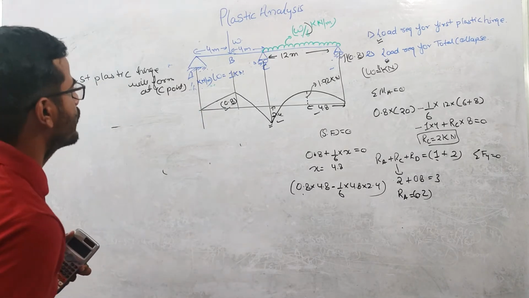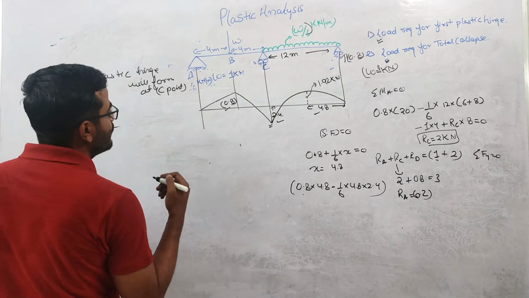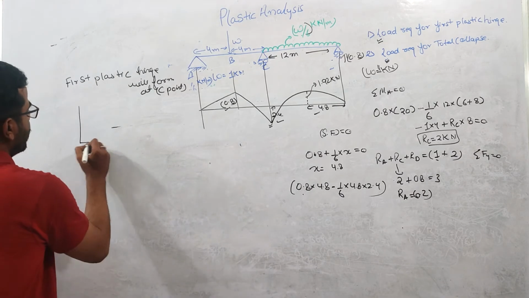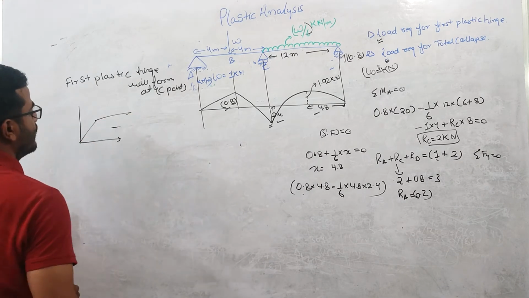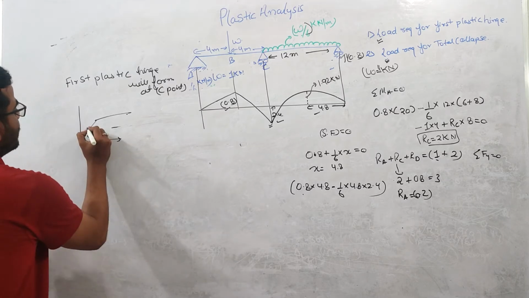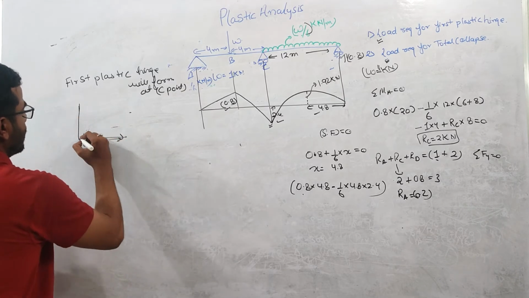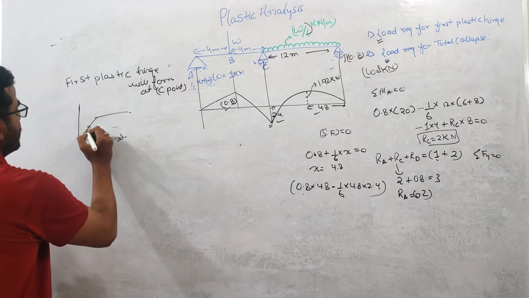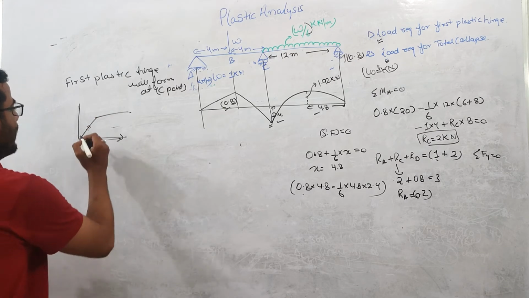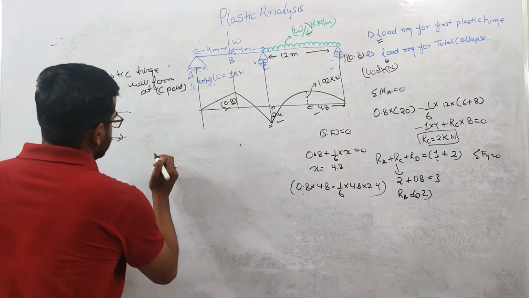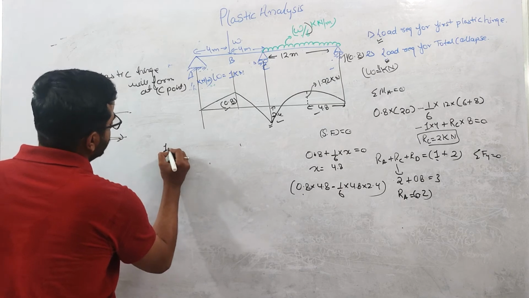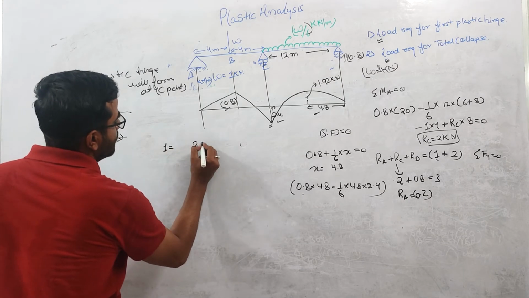And how much load is required? Now we will be using interpolation, because our analysis is linear elastic. So we are in this elastic state where the load and deformations are linear. For this 1 kilonewton, the moment generated at C point is 2.4.